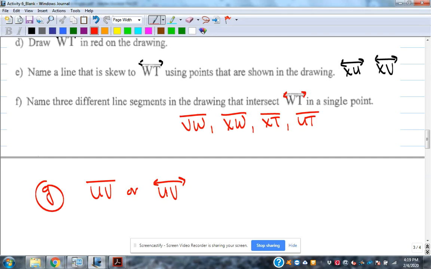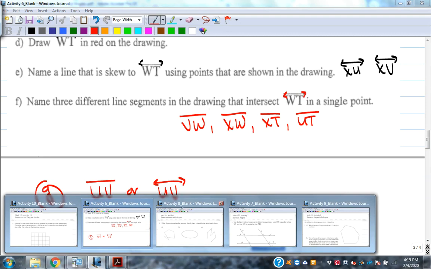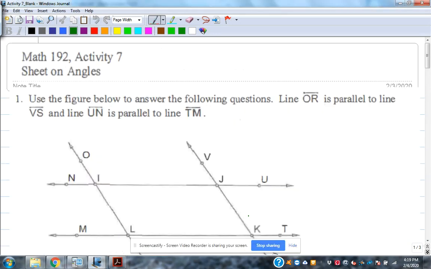Okay, so some interesting stuff there with lines, angles, segments, all of those fun things in geometry. So let's look at activity 7 now. We're going to refer back to our definition sheet and, if you'll flip it over on the back side, we're looking at this portion about the parallel lines in the pictures there.